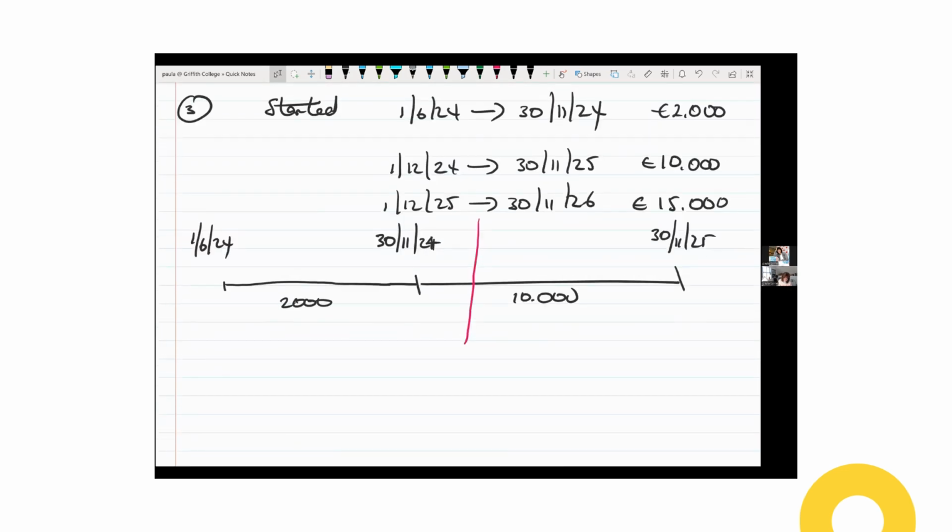You take the full 2,000, all of 2,000. And how much do I need here of that 10,000 to get me to the end of the tax year? 1 month, a twelfth of the 10,000. And that gives me 10,000 divided by 12 is 833.